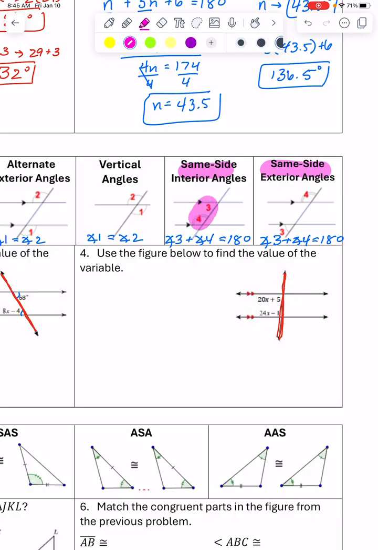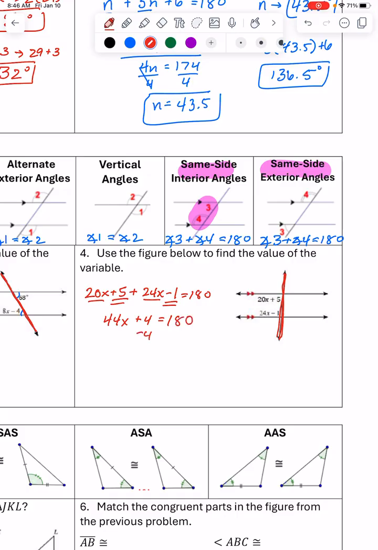So these, we need to add them up and set them equal to 180. So we're going to take 20x plus 5 plus 24x minus 1 equals 180, right? So we have like terms, that would give us 44x plus 4.